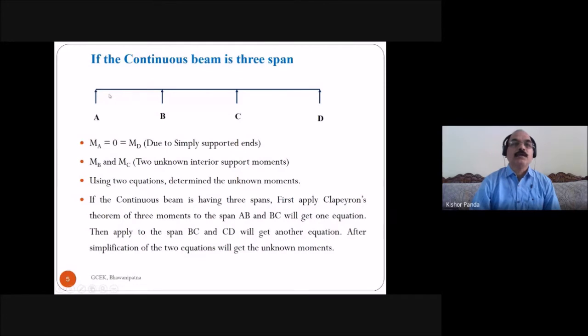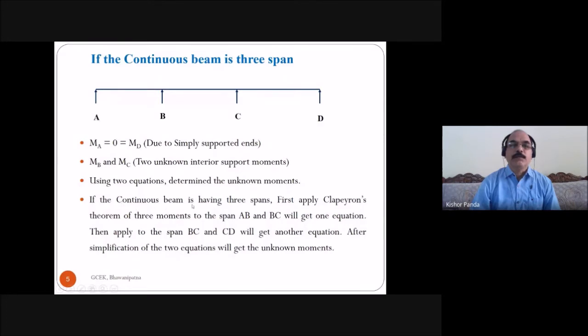You have to apply Clapeyron theorem of three moments to the span AB and BC first, and you will get one equation. Then apply Clapeyron theorem of three moments to the span BC and CD, and you will get another equation. After solving these two equations, you will get the unknown values of the support moments.